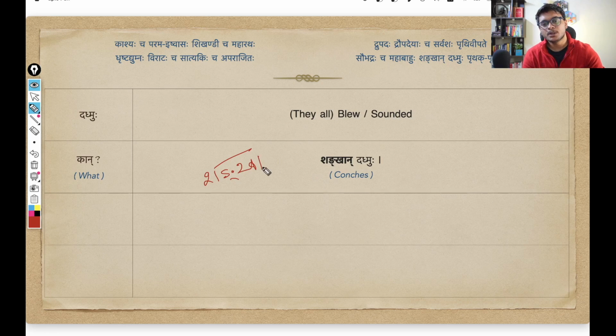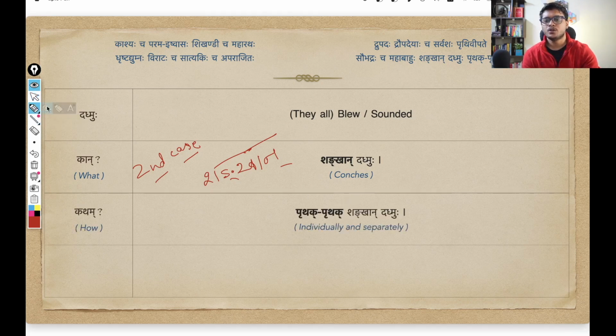So shankhan, and this is in the second case, just as a similar pratipadik ram changes into ramam, ramau, raman. Same as that, shankham, shankhau, shankhan. So shankhan dadmuhu: they blew the conches. That is the sense here.